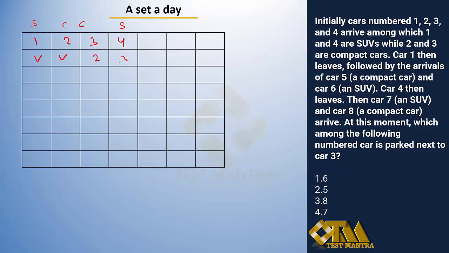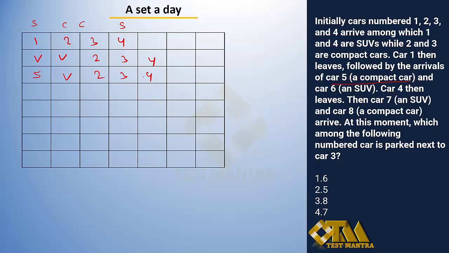Then it's number 2, 3, 4, followed by the arrival of car 5, which is a compact car. So it should fill the very first vacant place. That means car 5 will come to this part. My new arrangement is 5, V, 2, 3, 4.